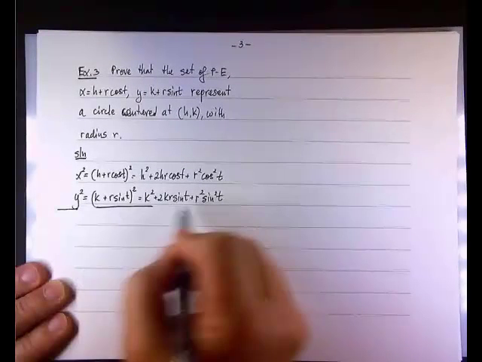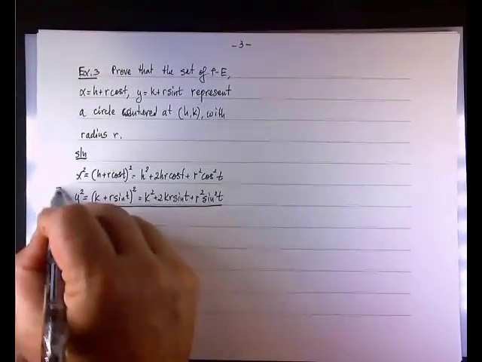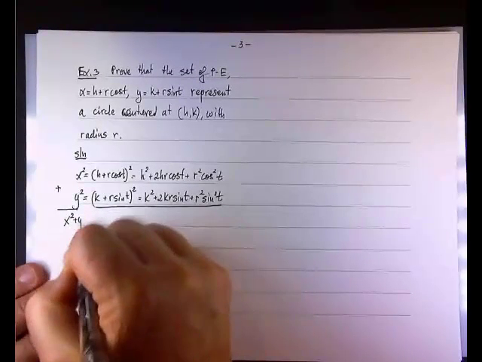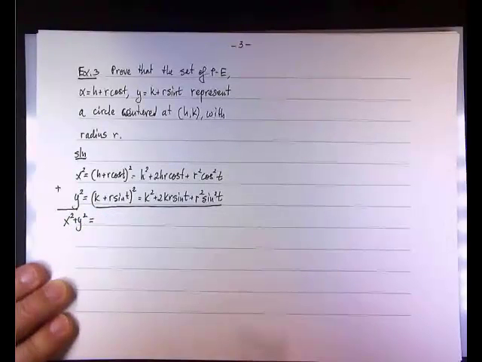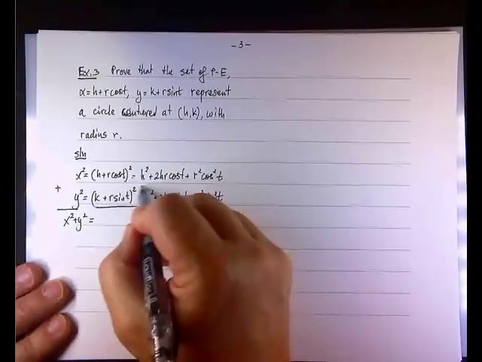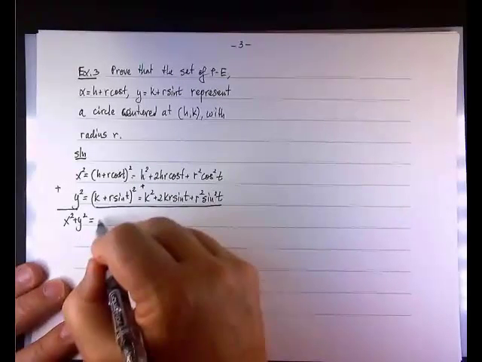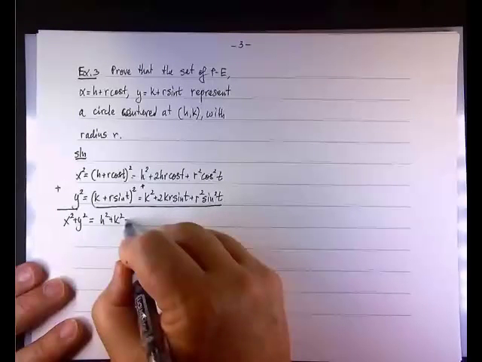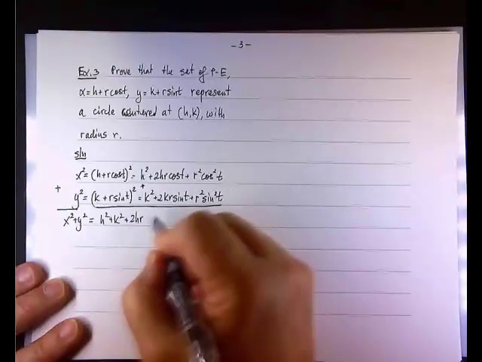Okay, and now what you want to do, you want to add these two equations together, right? So put a plus here and get x squared plus y squared, and let's add them up. So we'll put the plus sign right there, and we have h squared plus k squared.